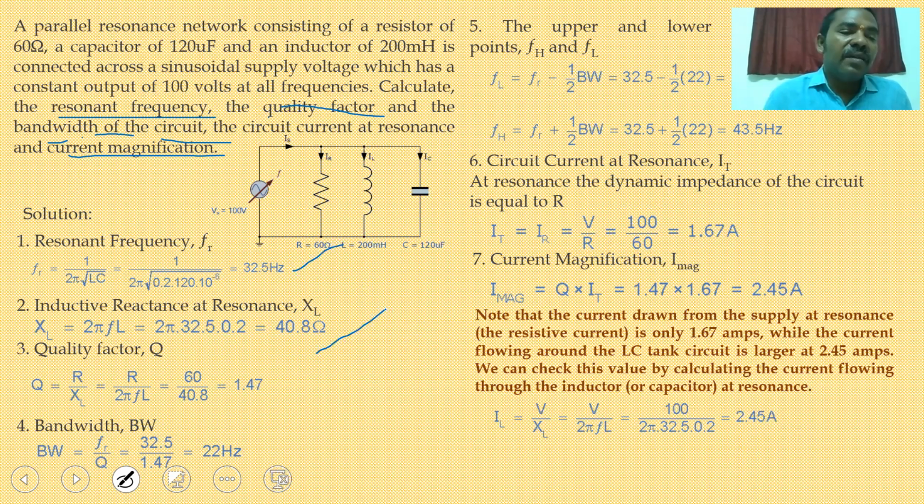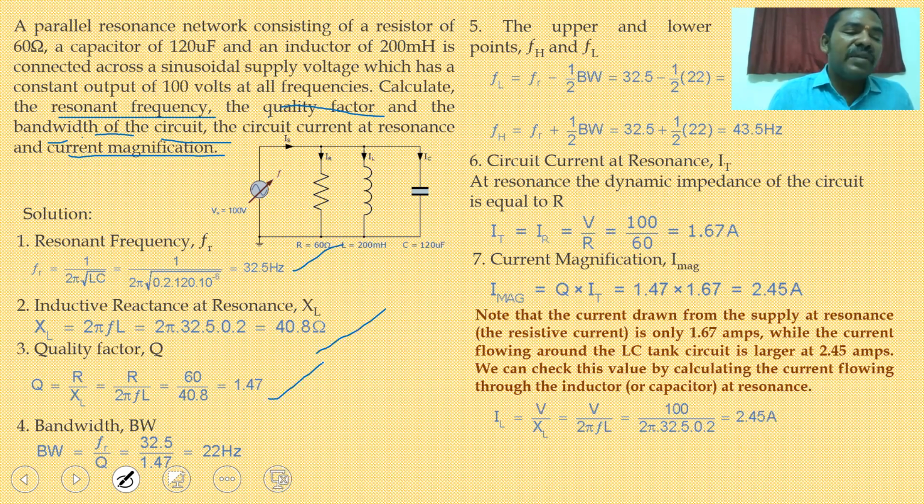So it is same as XC under resonating condition also. So then the quality factor I am using R by XL. So that is R by 2 pi FL. So 60 divided by 40.8, we are getting 1.47 value.